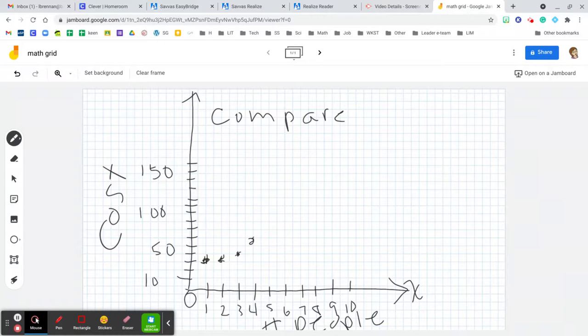So technically, as I graph my points, the first one is Leonard's.